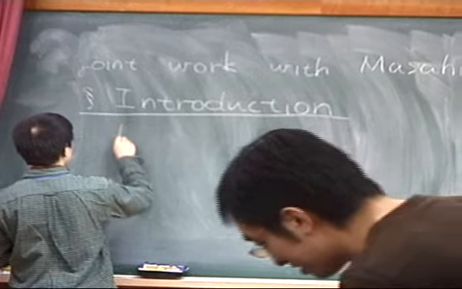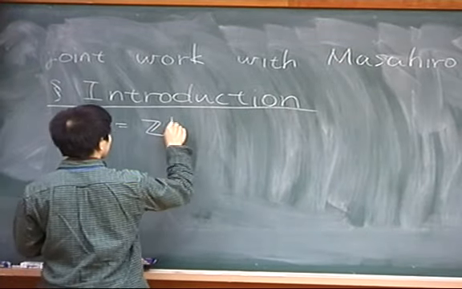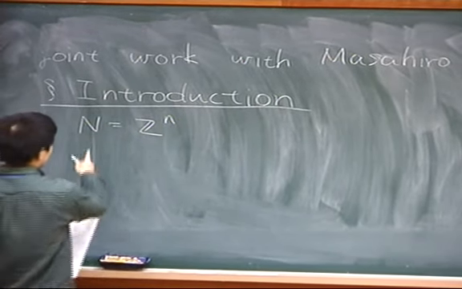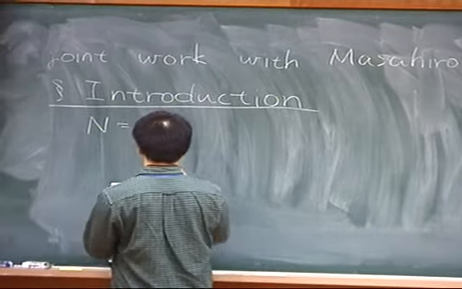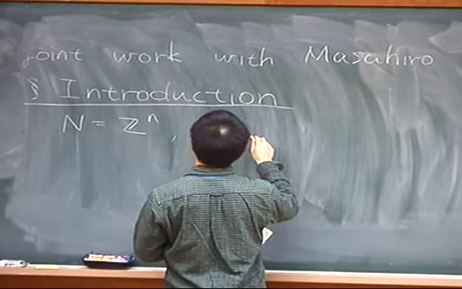First, let me fix some notations, from toric geometry. So let N be a lattice of rank n, and M be the dual lattice.